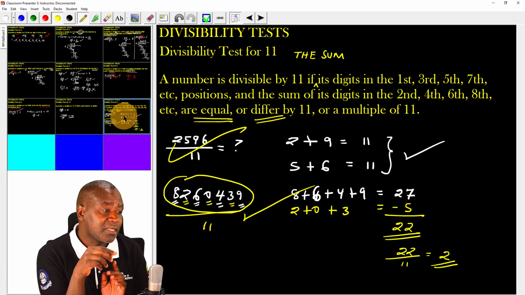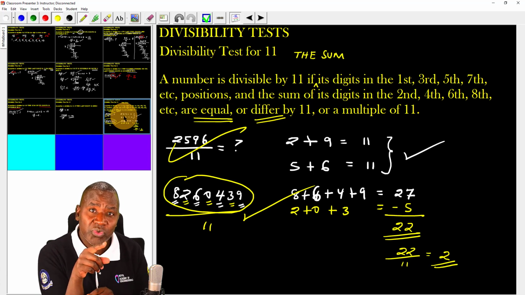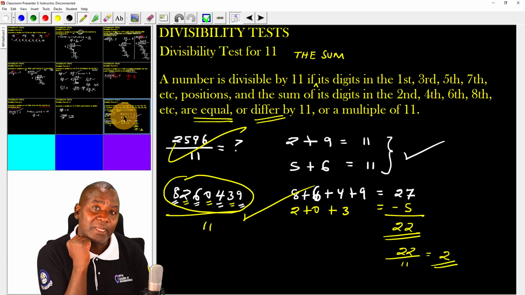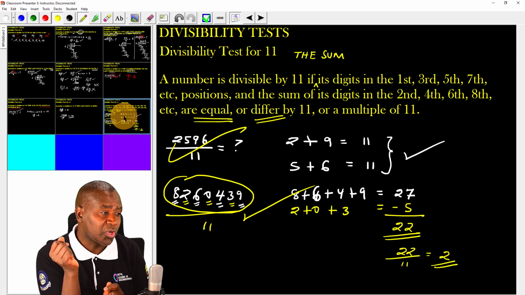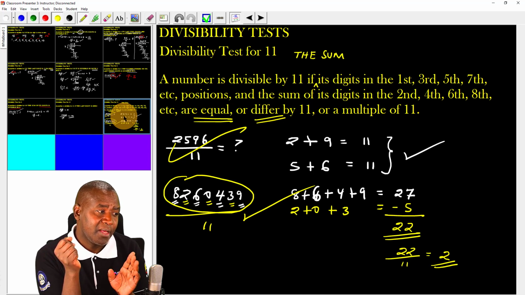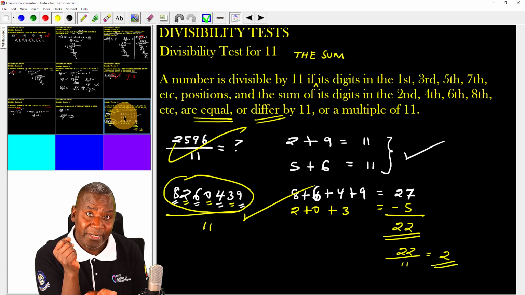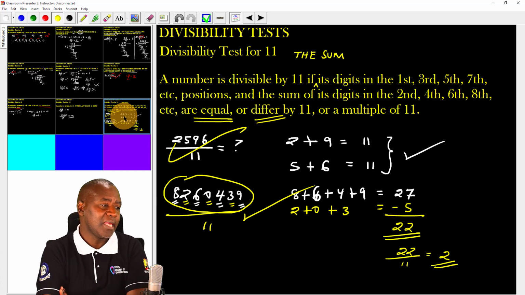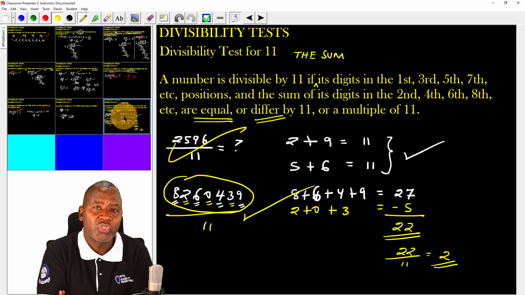If the difference between them is 22, then that number is divisible by 11. If it is 33, then it is divisible by 11. Or, what I'm trying to say, if that number is a multiple of 11, then the number is divisible by 11.